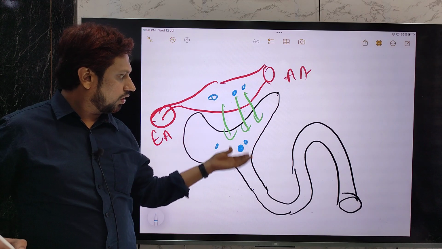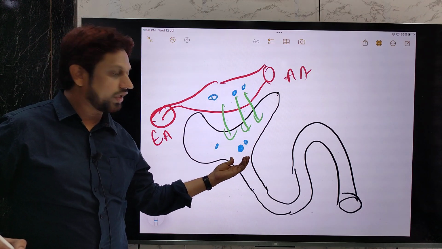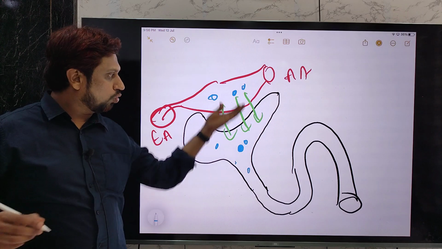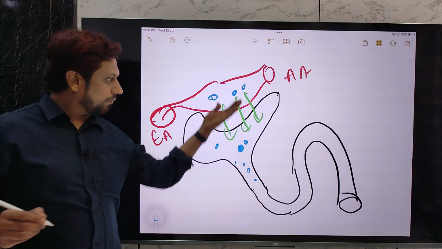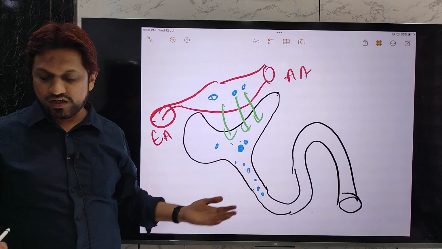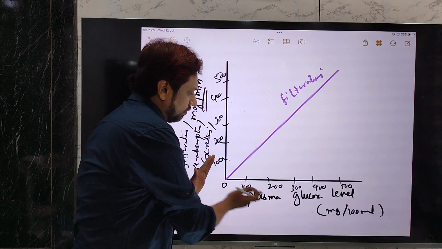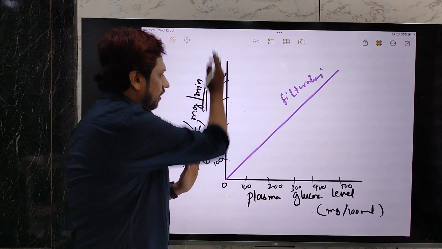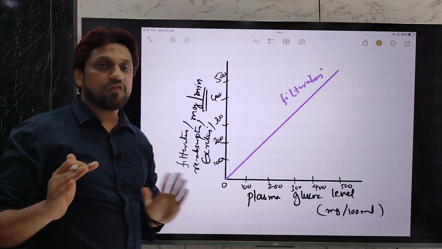Suppose 200 milligram will enter here. Suppose 300 milligram of glucose will enter here. That is, there is a linear relationship between the plasma glucose level and the filtration rate, that is milligram per minute. That is the linear relation for filtration.